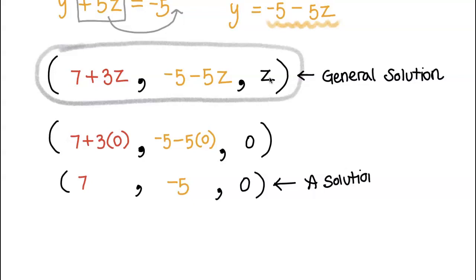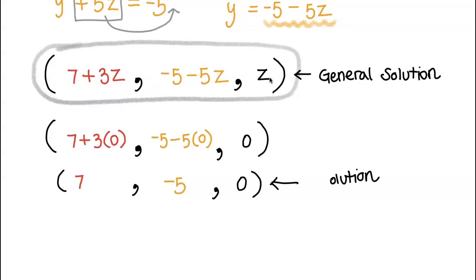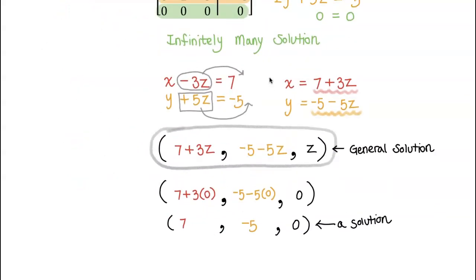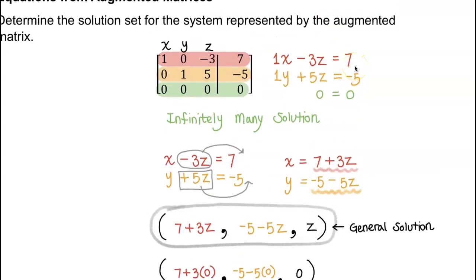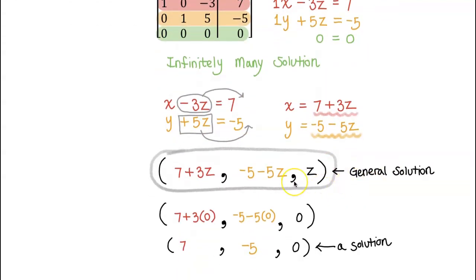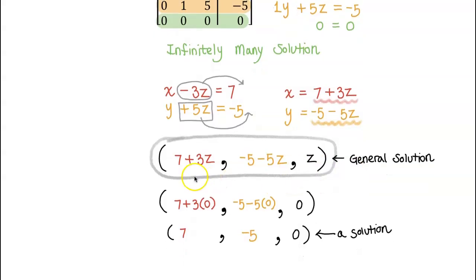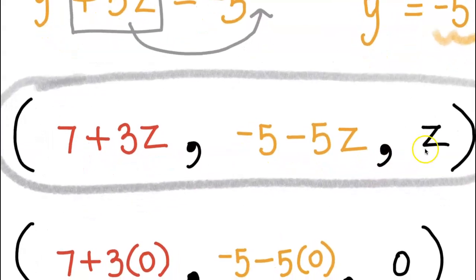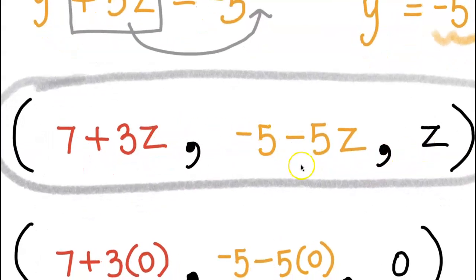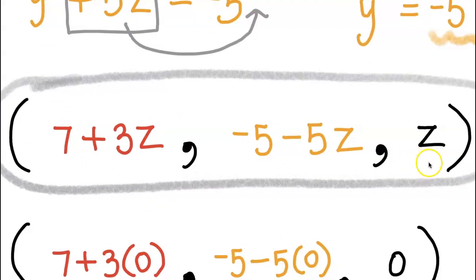But we can come up with many more solutions like that by using the formulas that we came up with. So it's easy if you stop at infinitely many solutions, but using the other lines, we should be able to come up with the general solution where the answer only uses one variable and the other ones depend on that one variable.